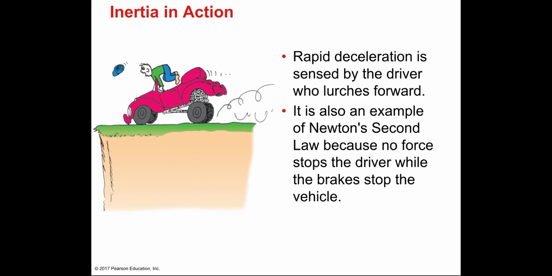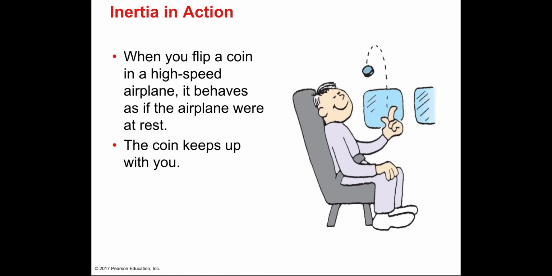So this is also an example of Newton's second law. We are going to look at that in a subsequent video, because there is a force acting on the car through the brake, but no force acting on you. When you flip a coin in a high-speed airplane, it behaves as if the airplane were at rest.